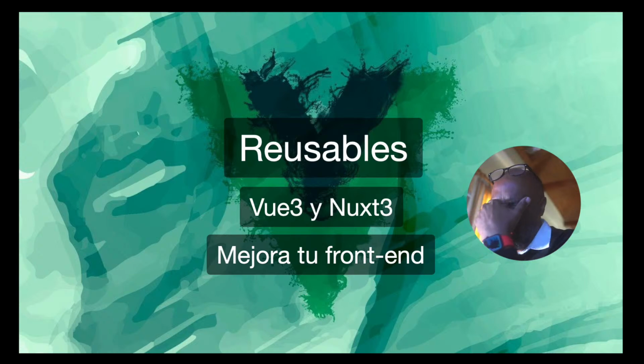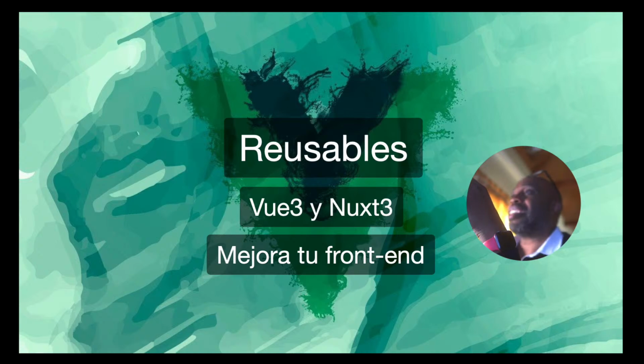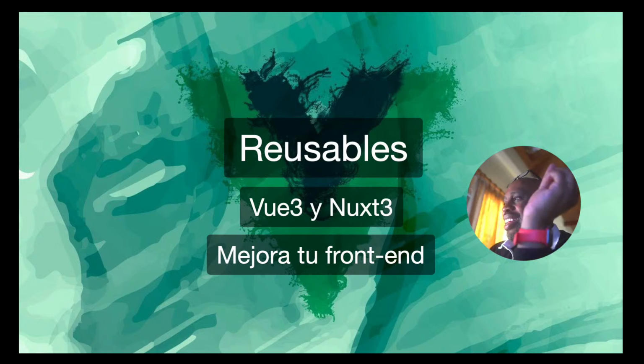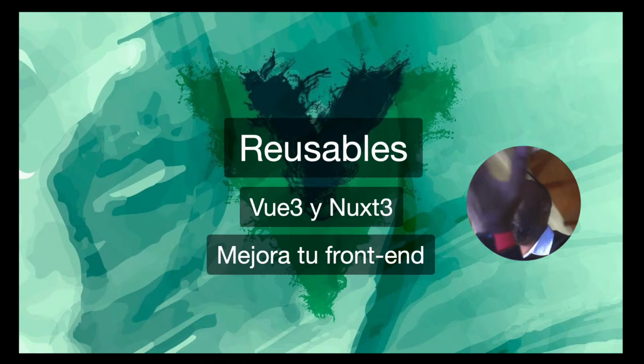Nuxt 3 in Nuxt 2 is a little bit harder to set up, and Nuxt 3 is just so cool because you've got TypeScript, and you can use the Composition API, which is the possibility of using composables. So all the logic of the composable is within a file, and then you can create your whole web with little composables that are easy to maintain, and they can be used from one place to another without having to create the whole thing.